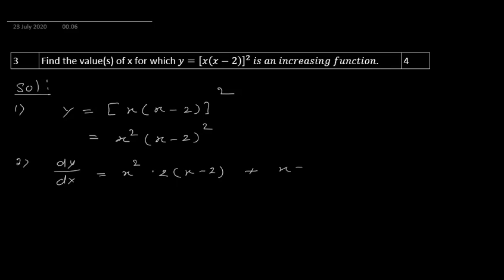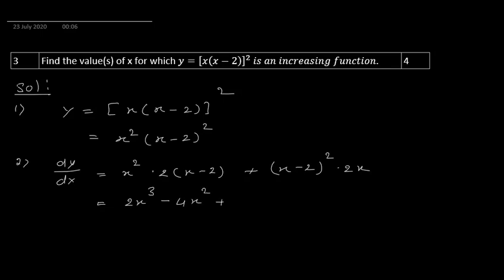Then we have (x minus 2) the whole square and we differentiate x square and we get 2x. So let us simplify it. This is 2x cube, then we have x square into minus 4, so it is minus 4x square.